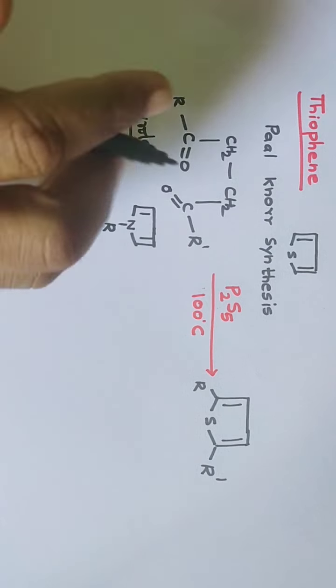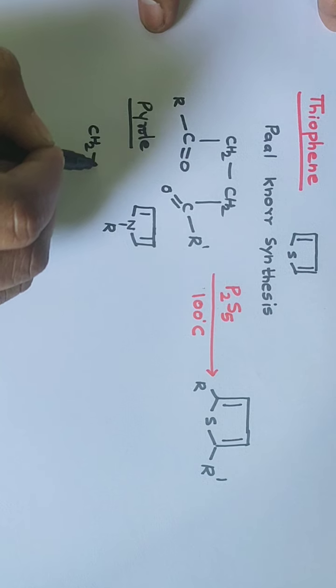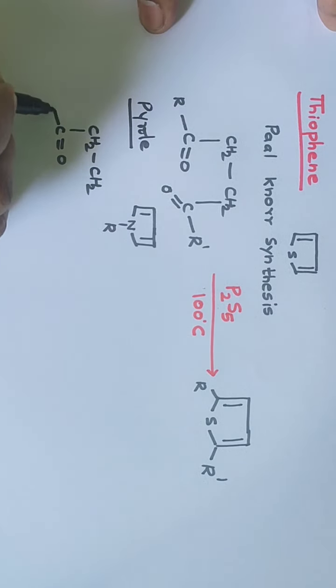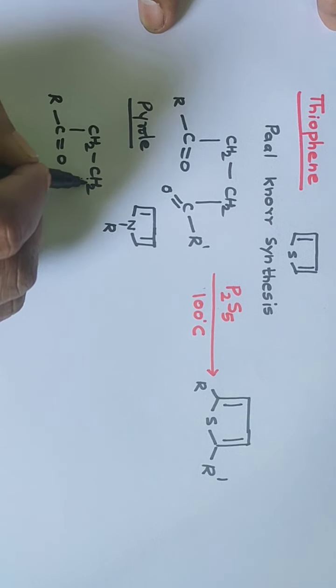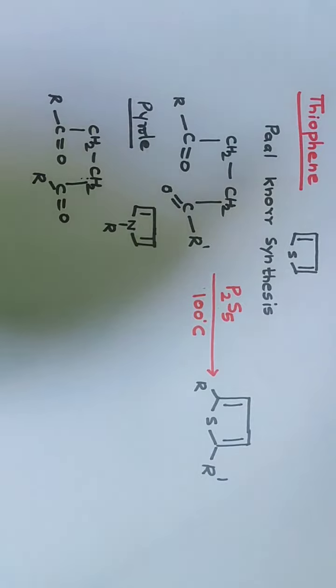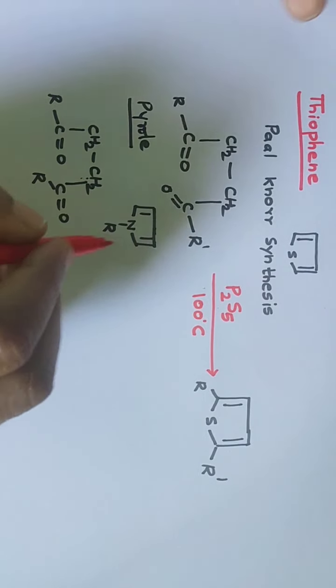So I will take a 1,4-diketone, CH2, CH2, C double bond OR, this C double bond OR. So this is a 1,4-diketone, and we are trying to synthesize pyrrole. Pyrrole contains a nitrogen.